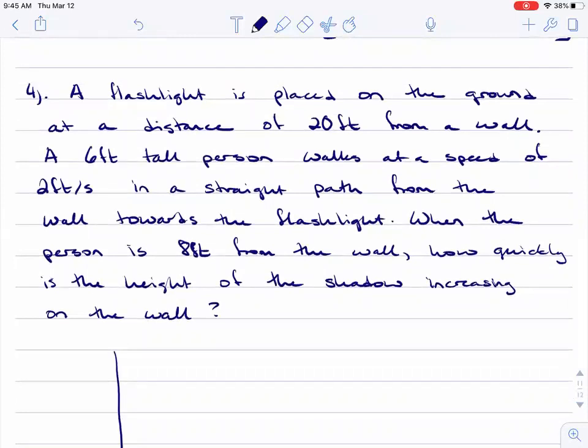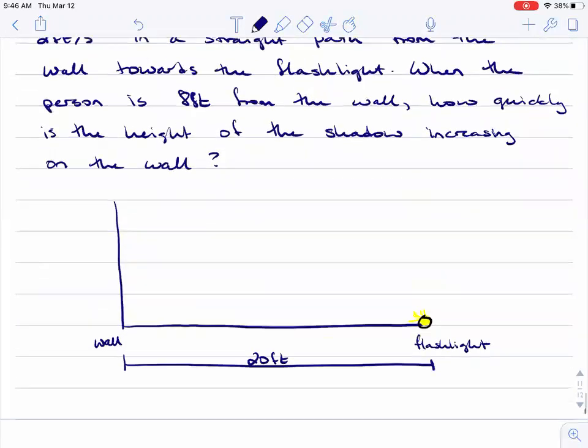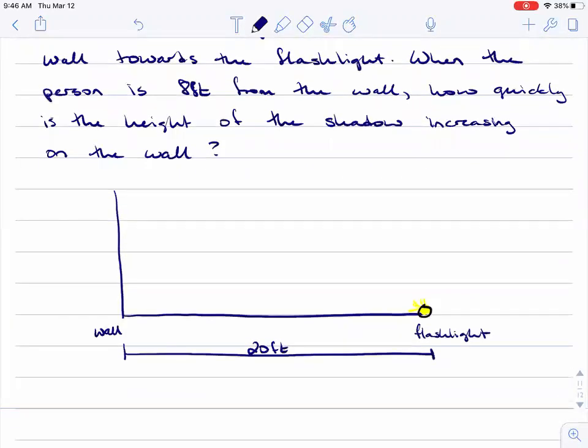Okay. A 6-foot-tall person walks at a speed of 2 feet per second in a straight path from the wall towards the flashlight. Okay. So here he is, he starts at the wall, and at some point here, he's walking like this.